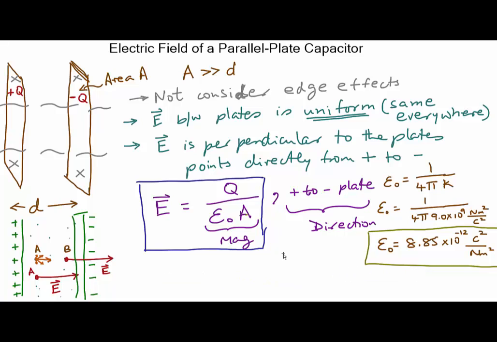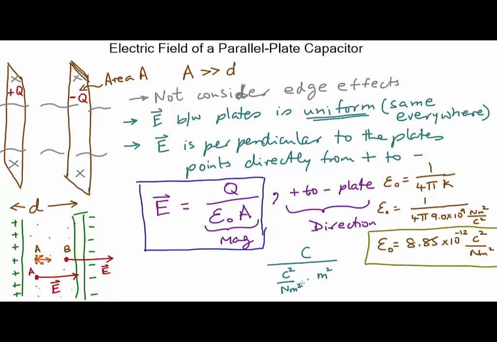Lastly, let's see if the units work out for this equation. We're going to take the right-hand side and work just the units of these quantities. Numerator is Q, which is the total charge separation between the plates, and that's got a unit of coulombs. The denominator has epsilon naught, which has the units of Coulomb squared over Newton meter squared, and the area would have a unit in SI units of meter squared.